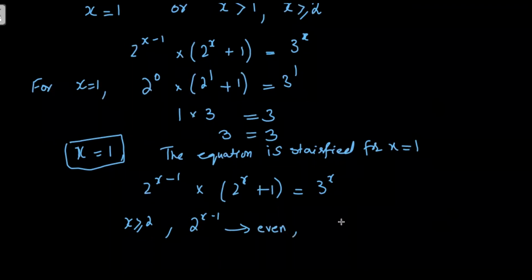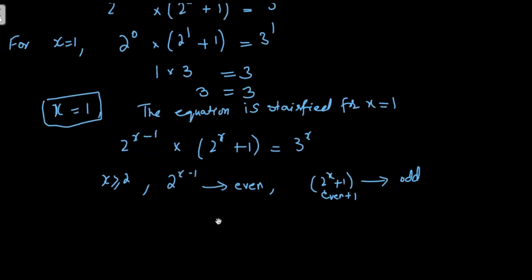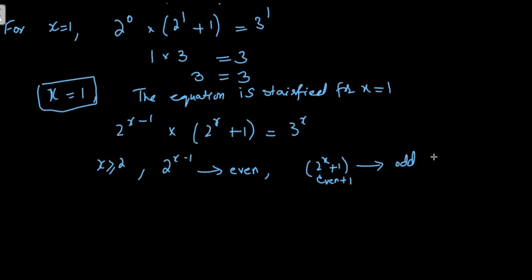Next, you can see here 2 power x plus 1, when you add 1 to an even value, this is the odd value. Now next is 3 power x, and 3 power x is a multiple of 3. Therefore these values will be odd values.